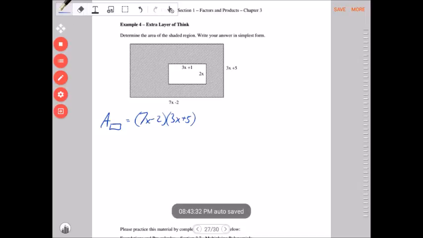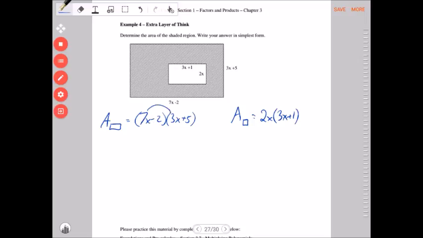So hopefully you guys can see that if I take the area of the big rectangle and subtract the area of the little rectangle, I will get the area that's shaded. So the area of the little rectangle, it looks more like a square, sorry, but whatever, is 2x times 3x plus 1. So if I take the big area, subtract the little area, then we get the total area of the shaded part. Okay, so let's do that.